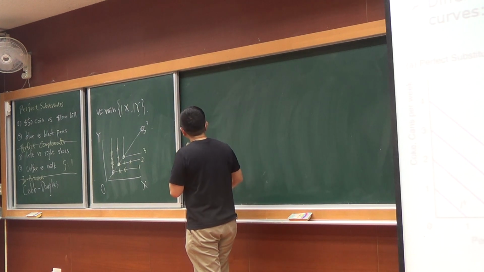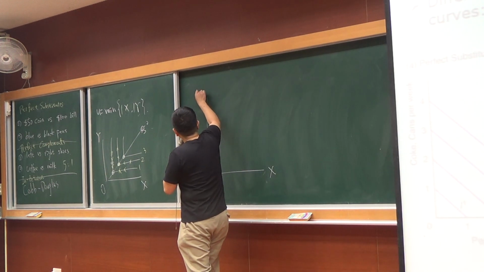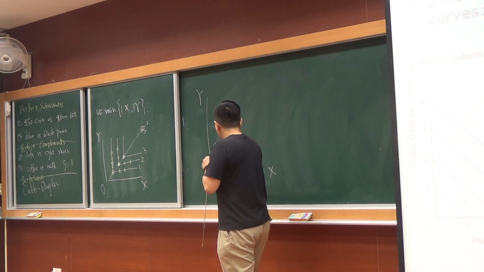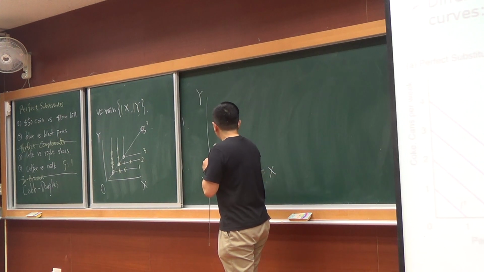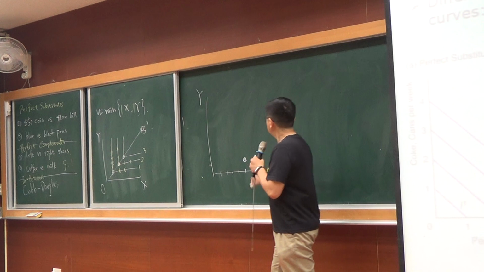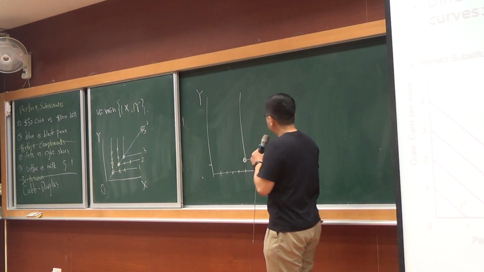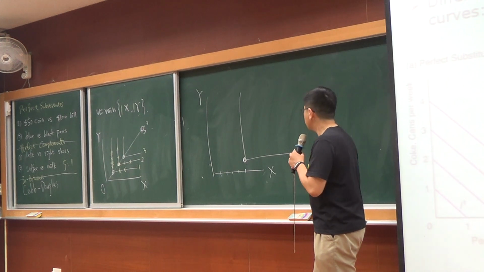So in this case, if x is coffee and y is milk, then 5 coffee with 1 milk provides him or her the utility.